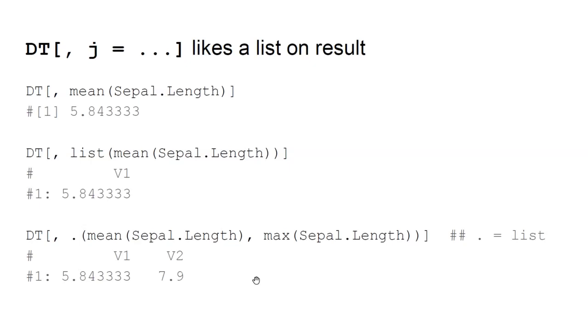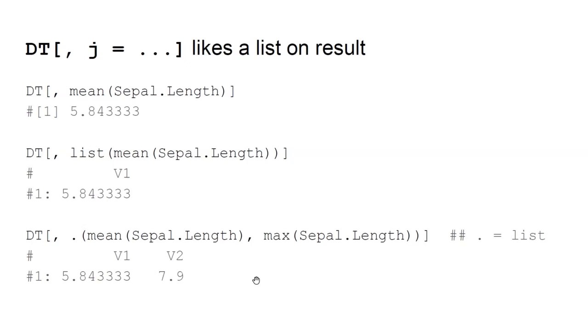That's why we will try to have this j argument evaluate to a list. Because if it evaluates to a vector and not a list, then we are basically getting a vector. In the first example, it's just a scalar because we aggregate all of the data table.